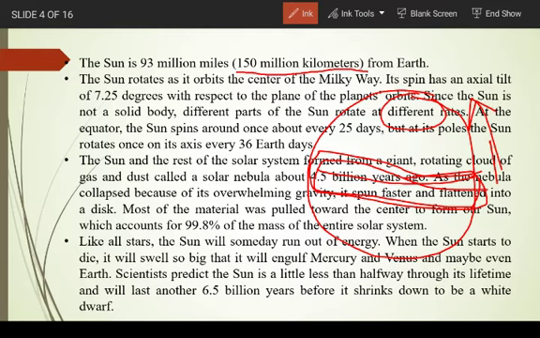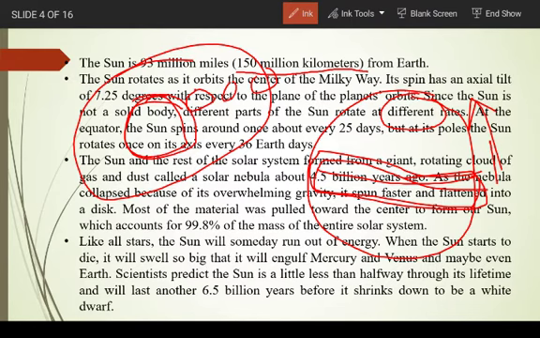And when this giant cluster of gases collapsed, 99.8% of the mass got collected and formed the Sun, which is the center of the solar system. And when the remaining 0.2% of the mass got separated from the Sun, it turned into the planets. That's how the solar system was created about 4.5 billion years ago.